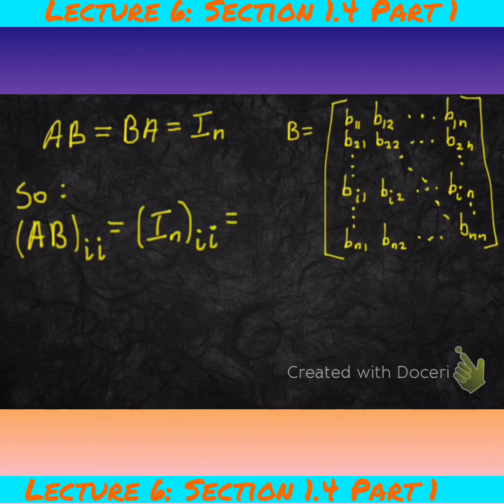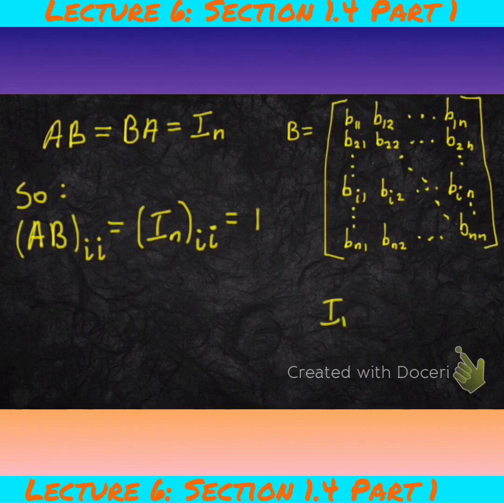Now tell me something, what is the entry of In that lies in the ith row and the ith column? In has ones on the diagonal, right? It's got ones on the diagonal, and that is a diagonal entry. So the entry in the ith row and the ith column of In is definitely 1, okay?